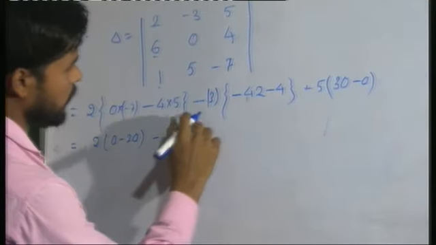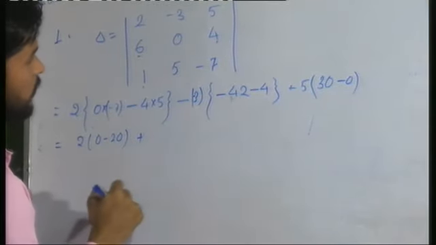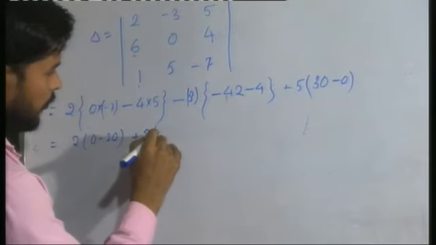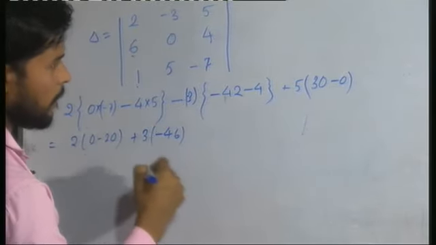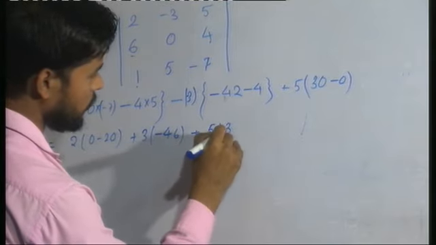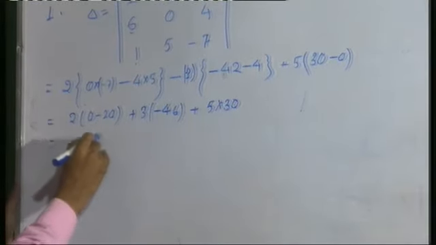Minus, sorry, it is minus 3. So minus minus plus 3 into 42 minus 4, that is equal to 46, plus 5 into 30, and that is minus 40.